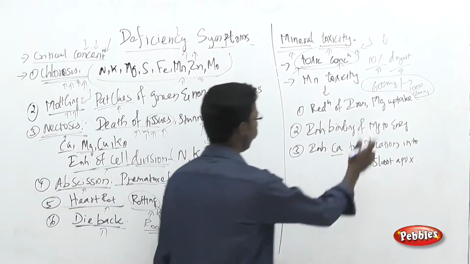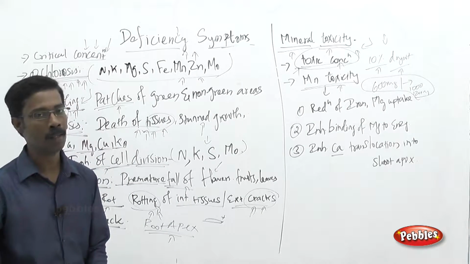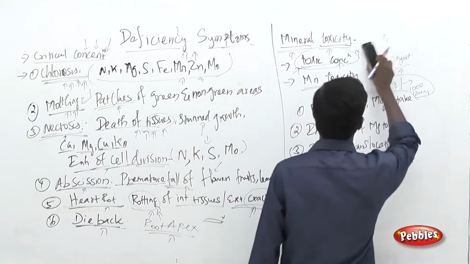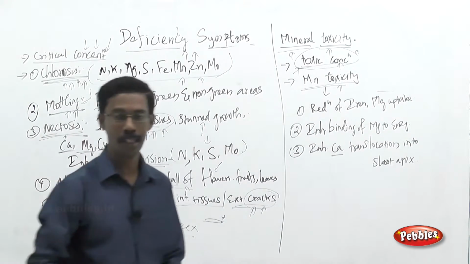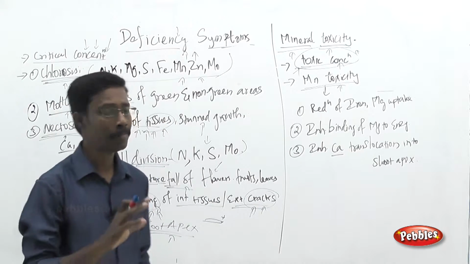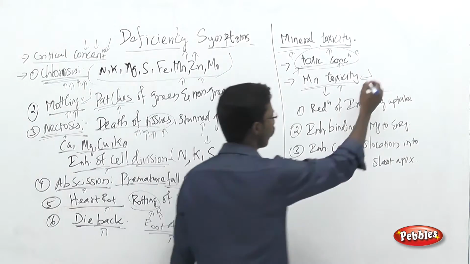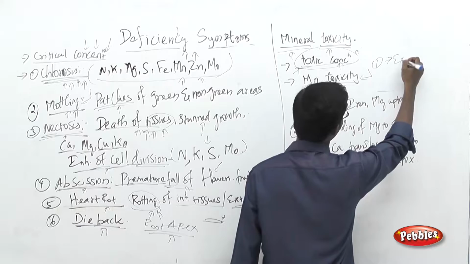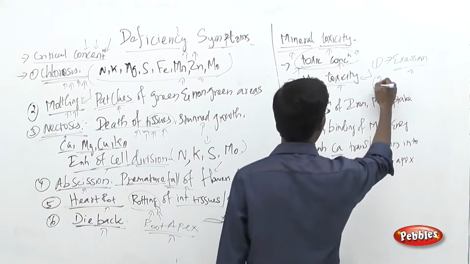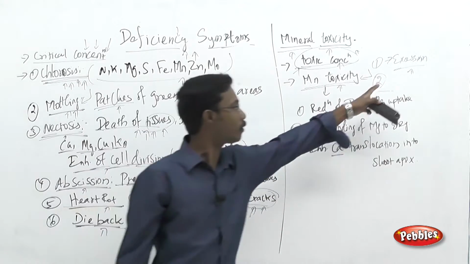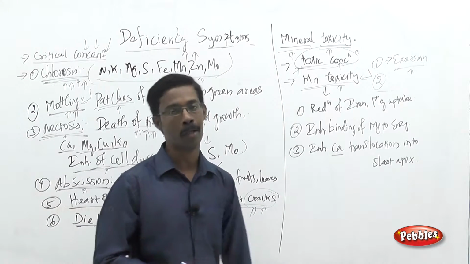We are going to see one example here, the toxicity caused by manganese. First, there are reasons behind the toxicity caused by minerals.